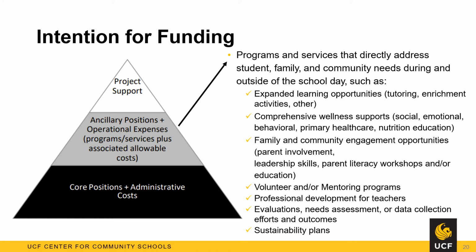So that looks like parental involvement, leadership skills, parent literacy workshops and or education, volunteering and mentoring programs, professional development for teachers, evaluations, needs assessments or data collection efforts and outcomes. And also, most importantly, sustainability plans, because we want to make sure that you not only can establish, but you can sustain the efforts of your community partnership school site.